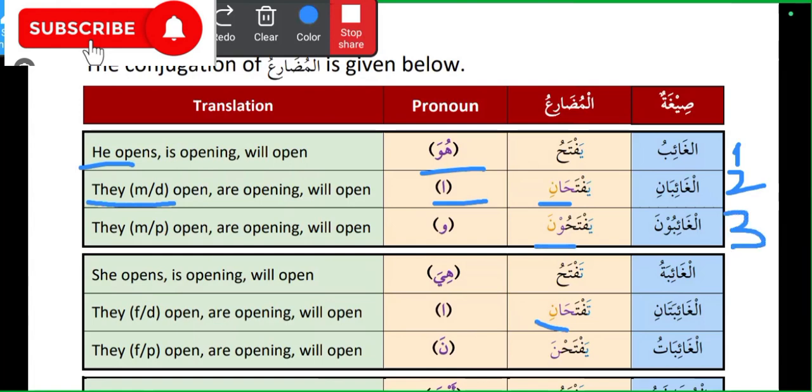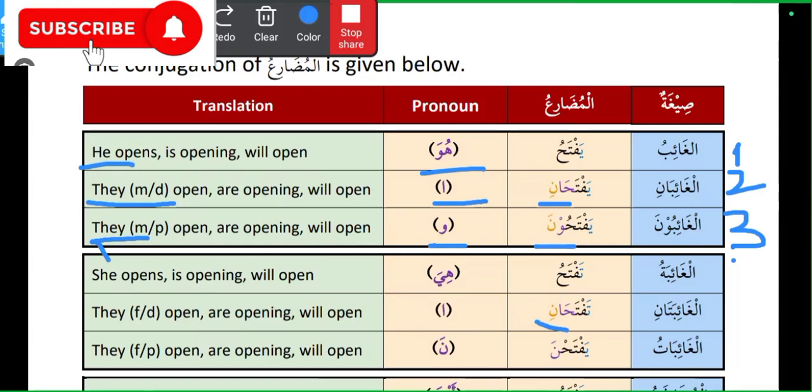Let's move on to siga number 3, which is al-ghaibun. The siga for it is yaftahuna, and the pronoun here is wow, which is the alamat of jama muzakkar, and it means they all open, or they all are opening, or they all will open. Any one of the 3 translations is correct.